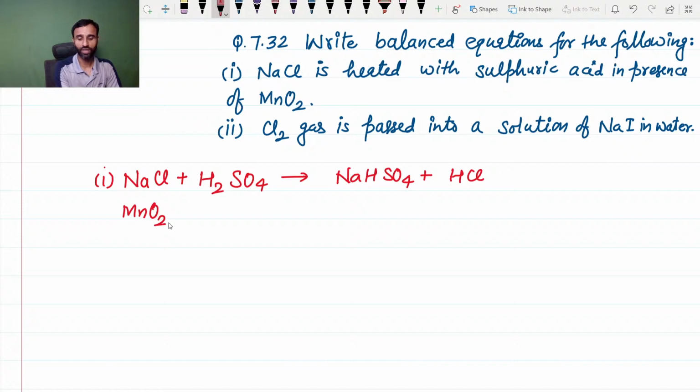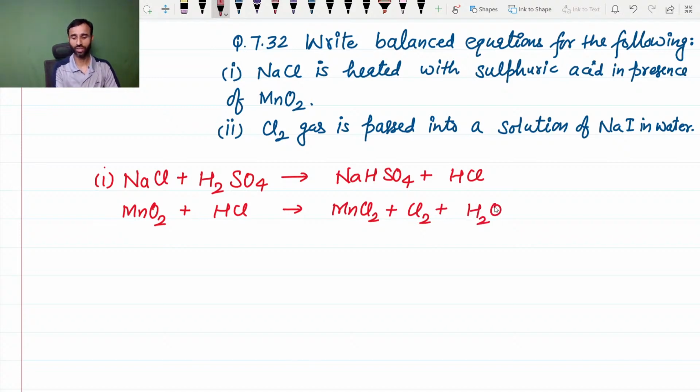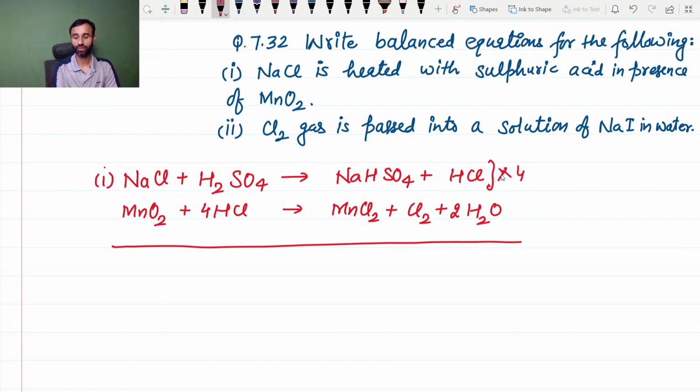this reaction we have done before, MnO2 when reacted with HCl, we get MnCl2, Cl2 and H2O. Just balance it. 2, 4, and that's it. It is balanced. So in this way, just multiply this equation by 4.